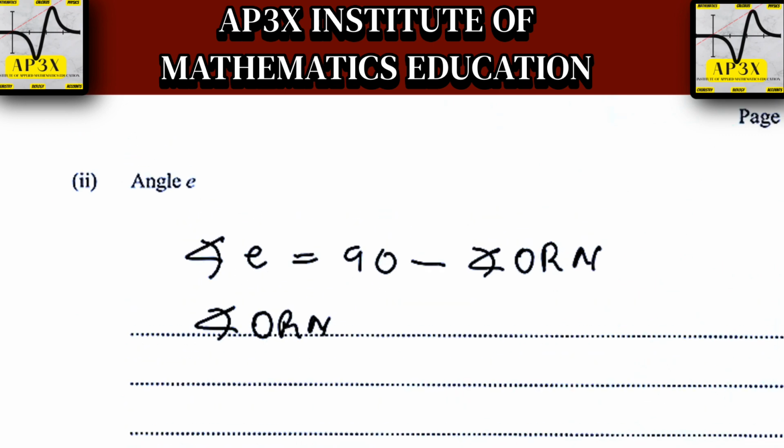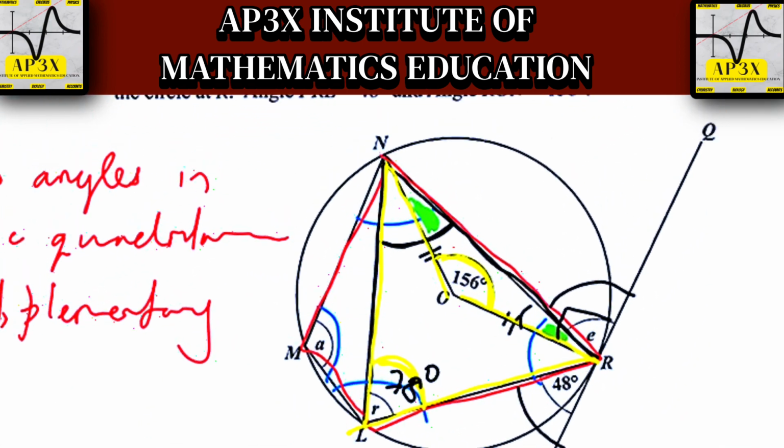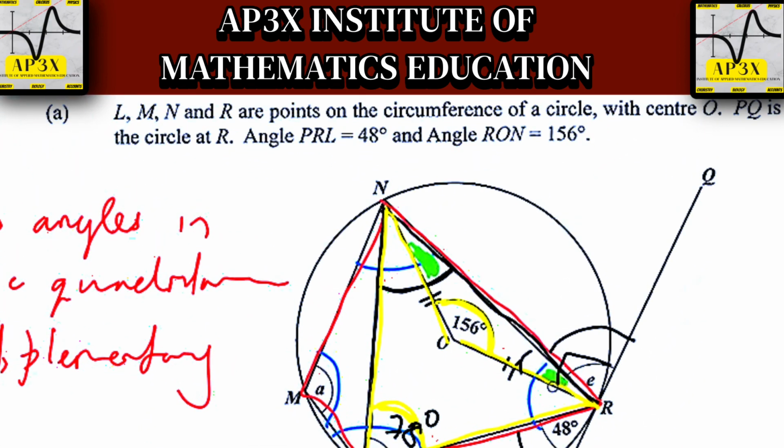Now, if you're observing carefully, angle ORN is an angle in triangle ORN. So I know that inside the triangle ORN, I already have 156 degrees. And so these two green angles down here that I've shaded are going to be equal.